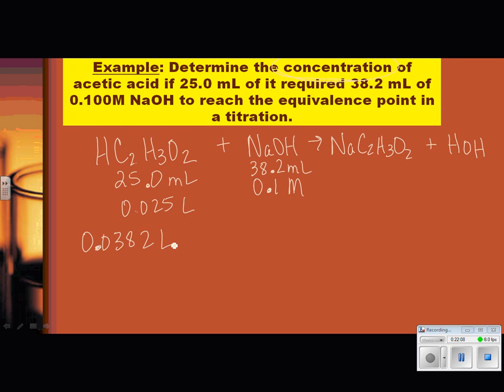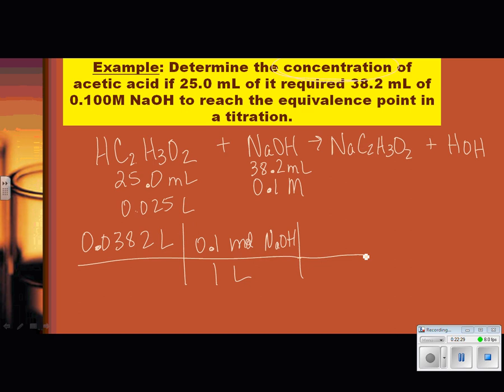Or you could start off with your 38.2 and then show the dimensional analysis of dividing by 1,000. Either way would work. But now that we already have it in liters, I can do 0.1 moles of NaOH for every 1 liter, since that's the molarity.